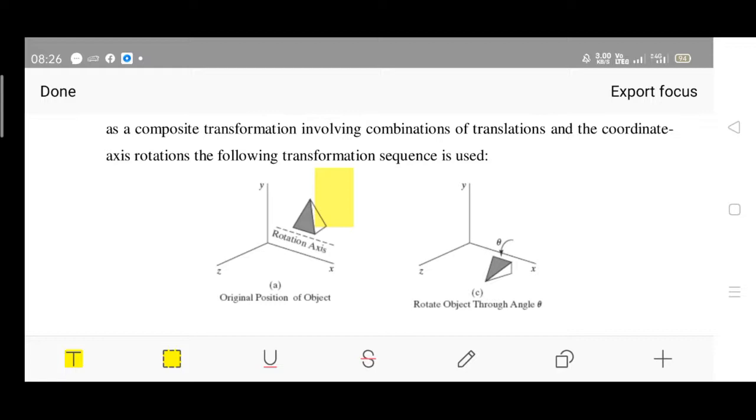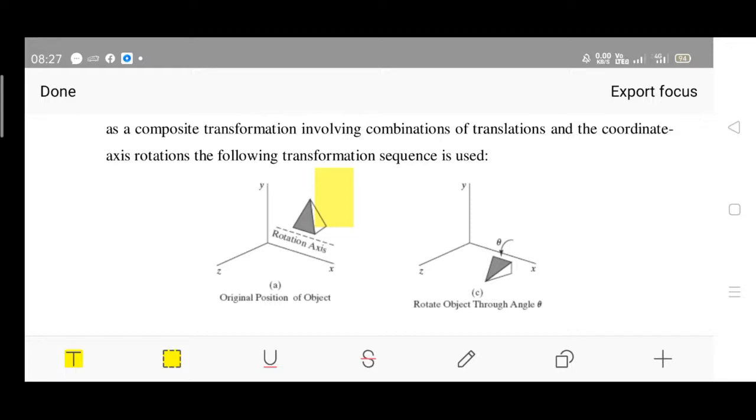For that we performed the composite transformation. First we translated the object to the origin, then we rotated it, then we retranslated the object back to the original position. Similarly here you have to consider the reference axis. It can be x axis, y axis, or even z axis.